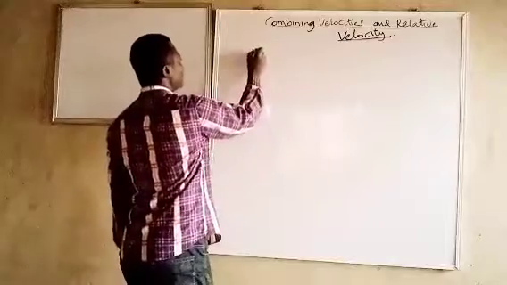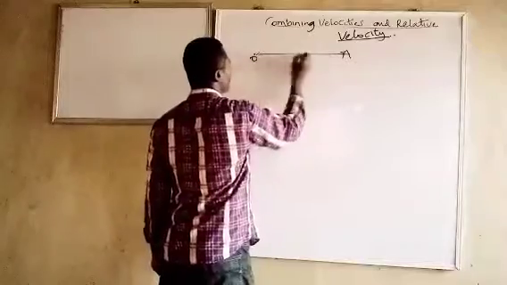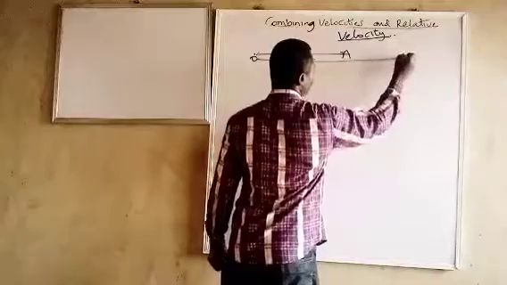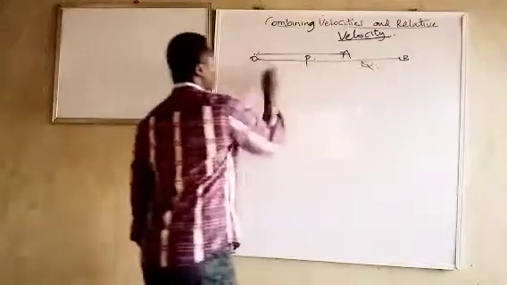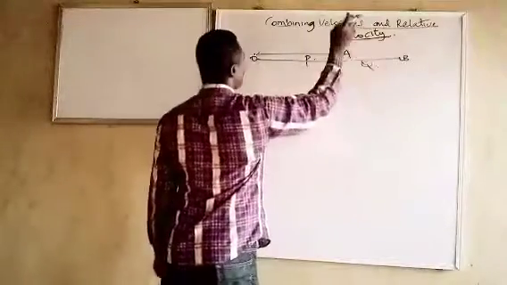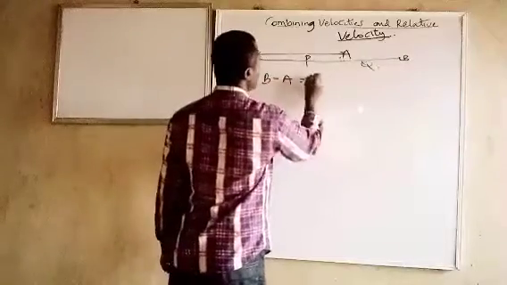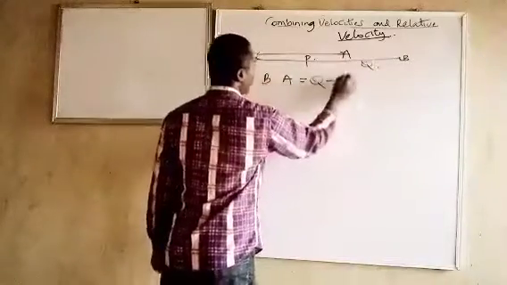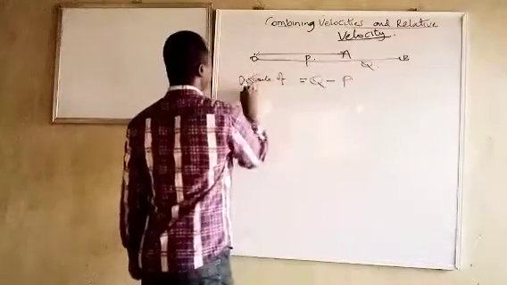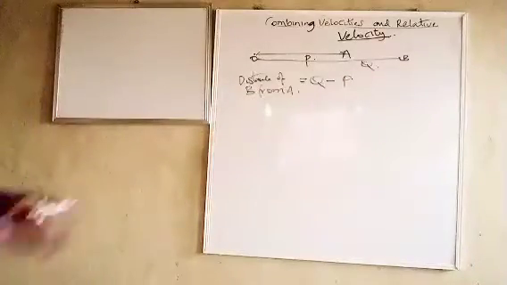If a body A is P from O, and another body B is Q from O in the same direction, the distance of B from A is Q minus P. So that is what we mean by relative.